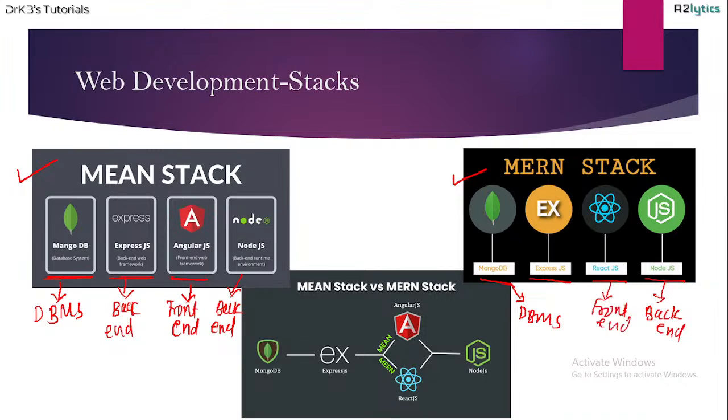Again, this is also front end. So these frameworks you have to learn to become a MERN stack full stack developer. That is the difference between the two stacks. So if you learn AngularJS and ReactJS, you can become a master in both the stacks.